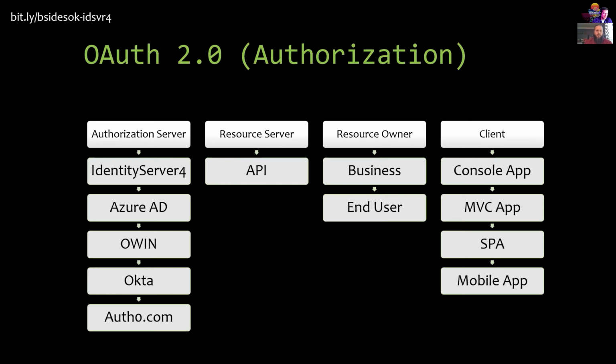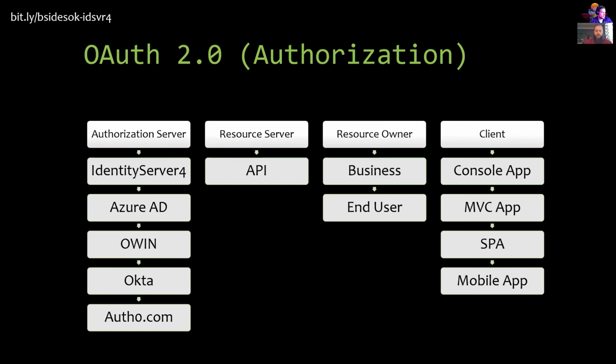In the concept of OAuth 2.0, we've got the authorization server, a resource owner, and a client. Authorization servers could be IdentityServer4, Azure AD, Okta, and Auth0, which all provide services in this area. A resource server is typically going to be like an API. And the resource owner is going to be maybe you, if you have your own API, or really the business.